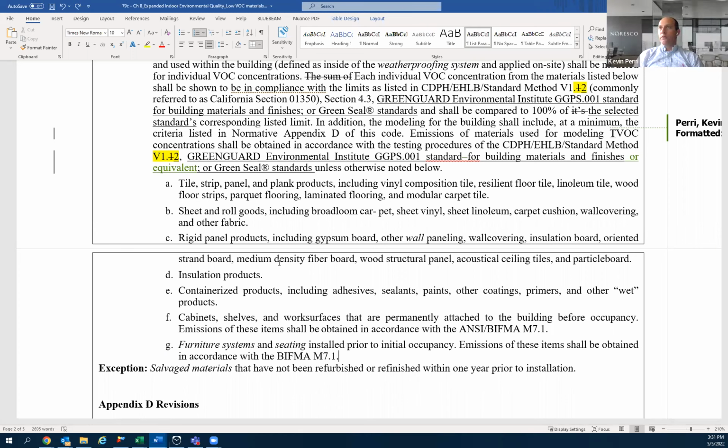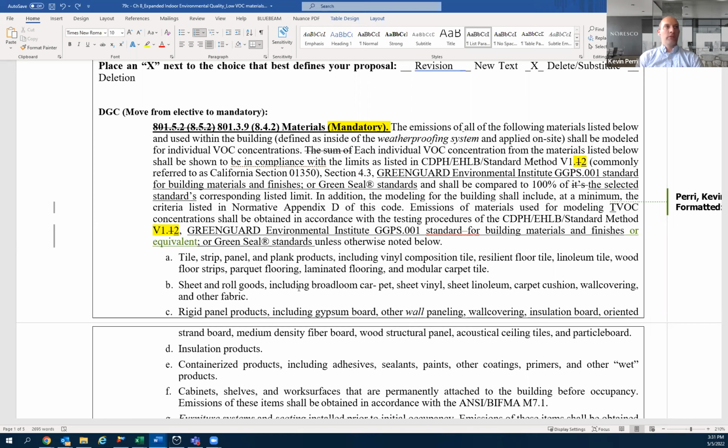Is there a second? This is just for adding those words "or equivalent." It's not for the approval of everything. Eric, go ahead. Yeah, before I second, Adam, I'm curious, what equivalents do you have in mind, or are you just kind of future proofing the specific reference to Green Guard?